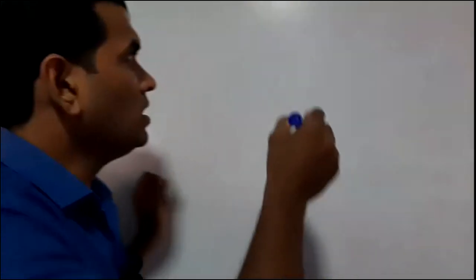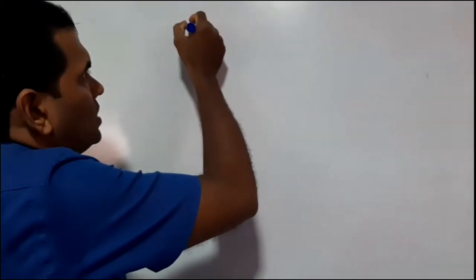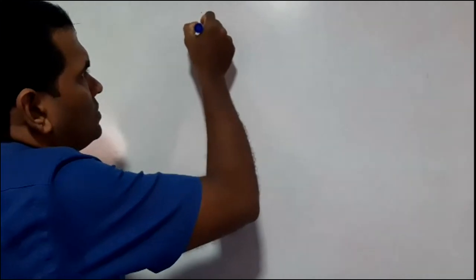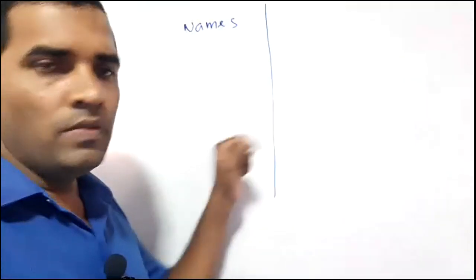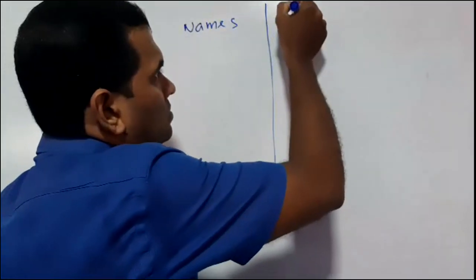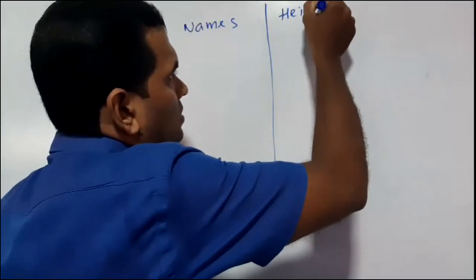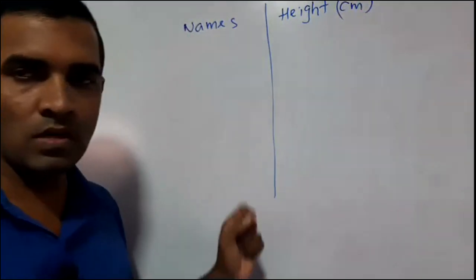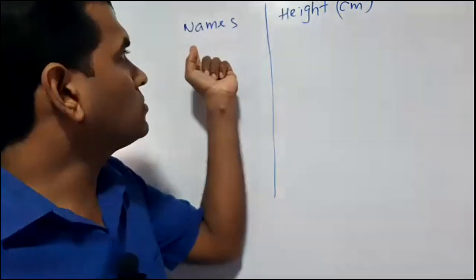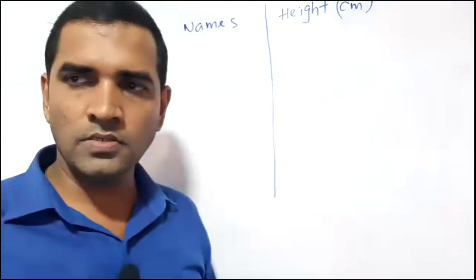Let me write their names as one column, student names, and their height. It is written in centimeters. So you have students' names and also their heights.